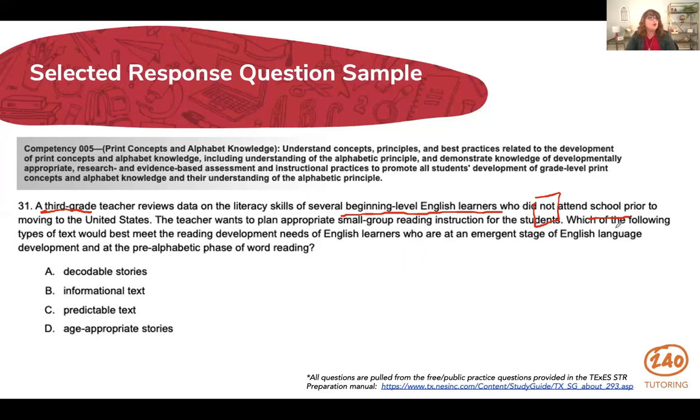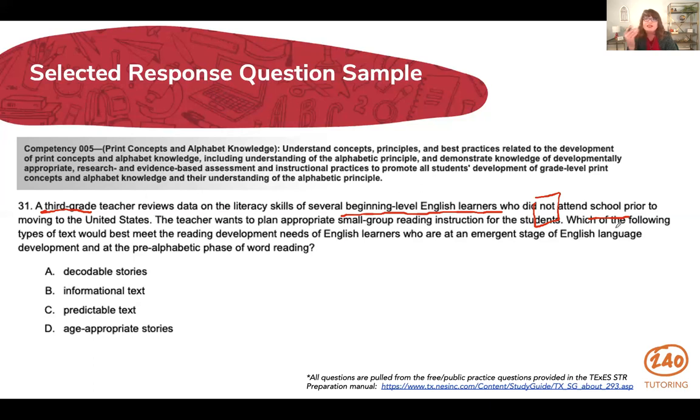The teacher wants to plan appropriate small group reading instruction for the students. Which of the following types of text would best meet the reading developmental needs of English learners who are at an emergent stage of English language development and the pre-alphabetic phase of word reading?